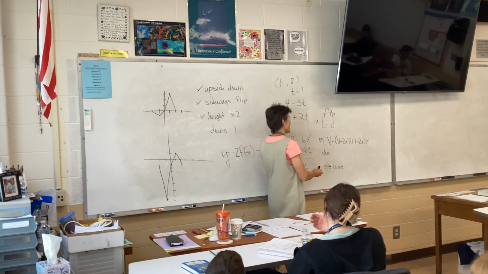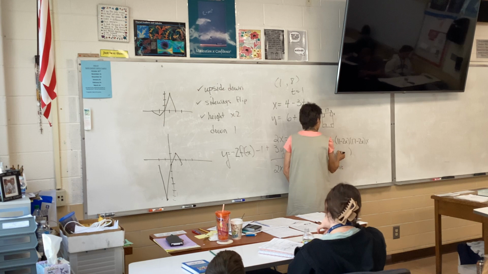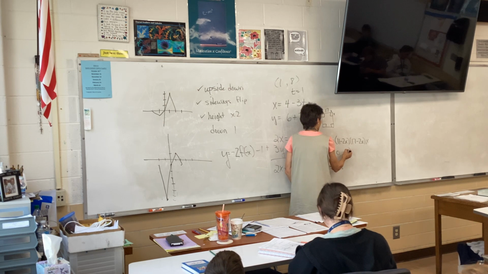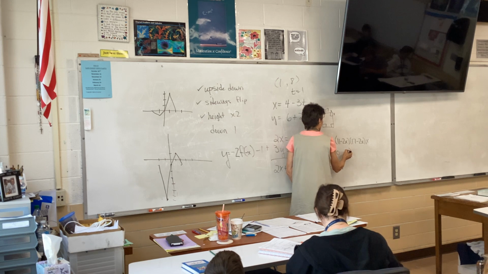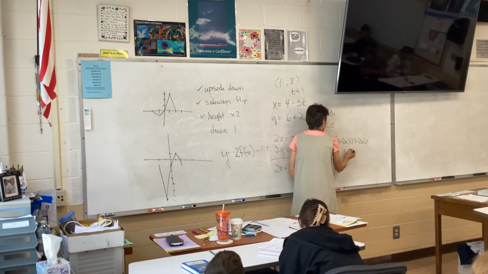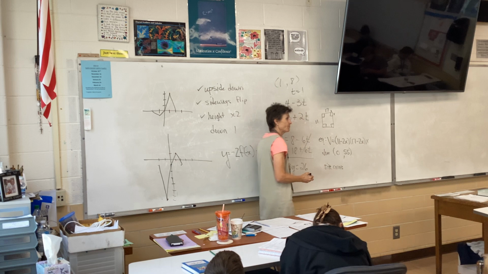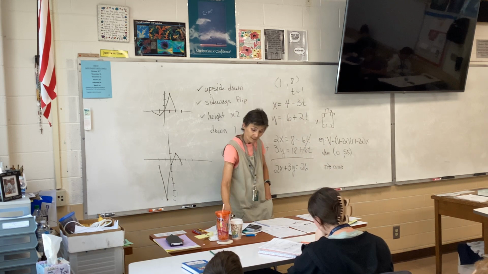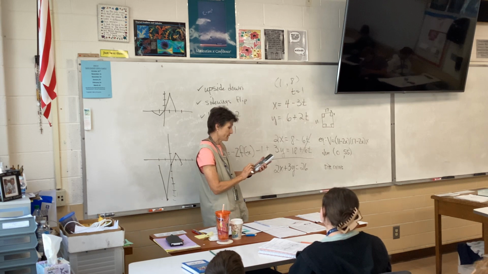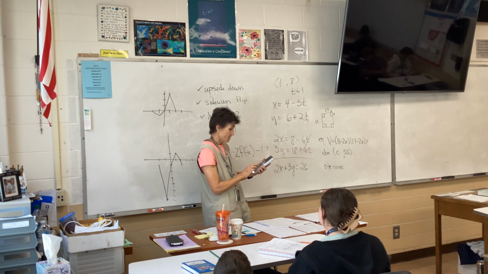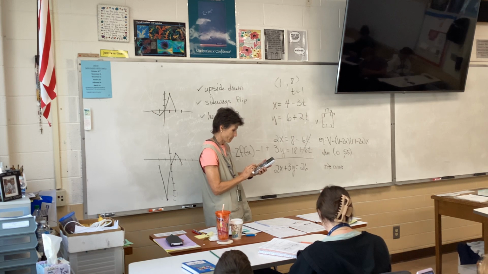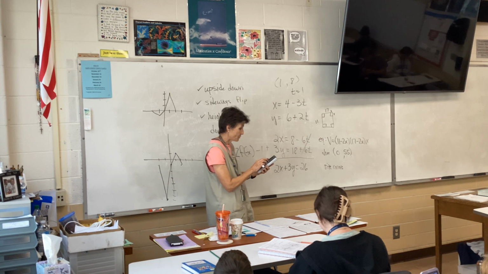What's my domain? 0 to 5.5. Yeah, 5.5. How do we get 5.5? It's half of 11, right? Now, I can't answer the last one until I type it in. So I'm typing in my new equation, new domain.